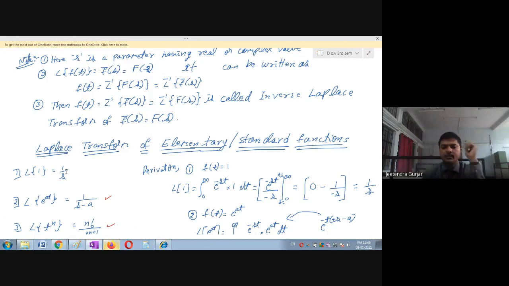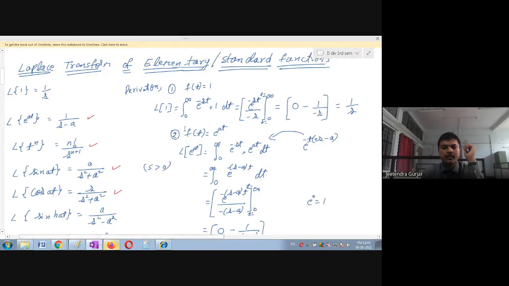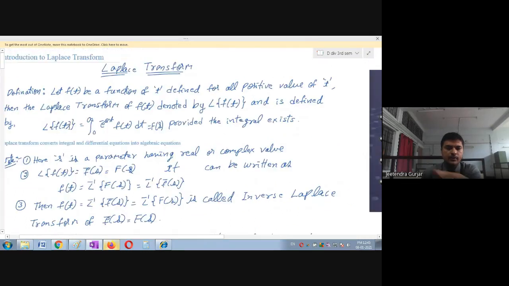So here is another example I have taken just to show you: f of t is equal to e raised to at. So now substitute f of t, e raised to at, which will be equal to integral 0 to infinity e raised to minus st, f of t will now become e raised to at, dt. Now you can see this is e raised to minus st, e raised to at.